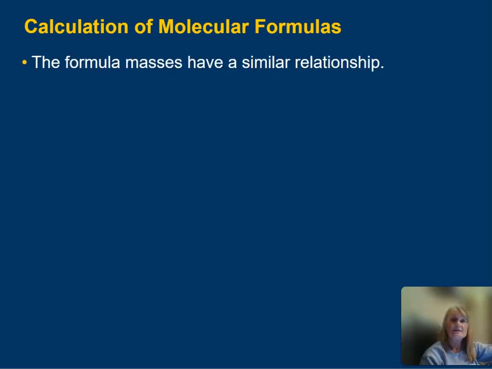A couple other things to go along with that. When we talk about formula masses, they have about the same relationship. Let's say the formula mass for water is 18.